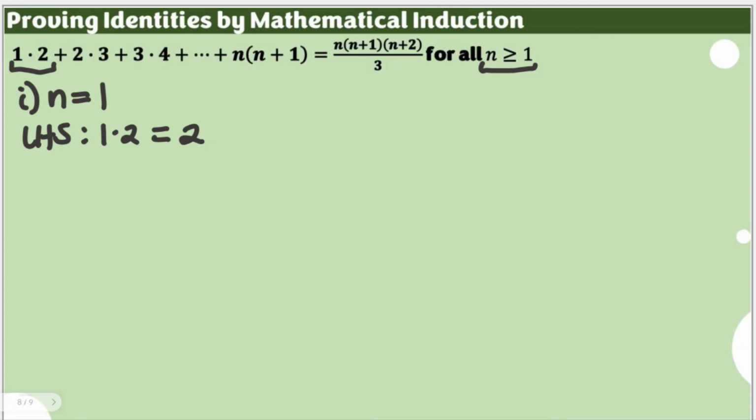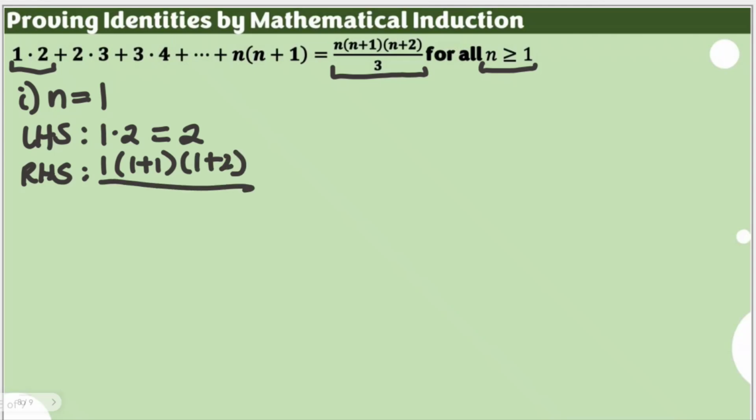Let's check if the right-hand side is also true to be 2 with this expression if n is equal to 1. So simply substitute n as 1. 1 times 1 plus 1 times your n is 1 plus 2 all over 3. This is equal to 1 times 2 times 3 over 3.